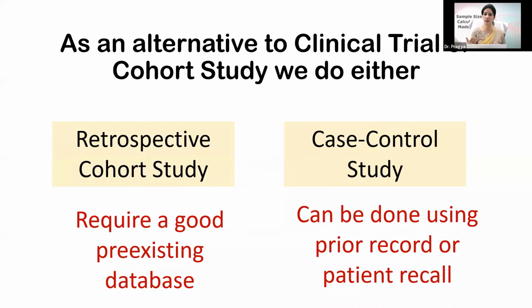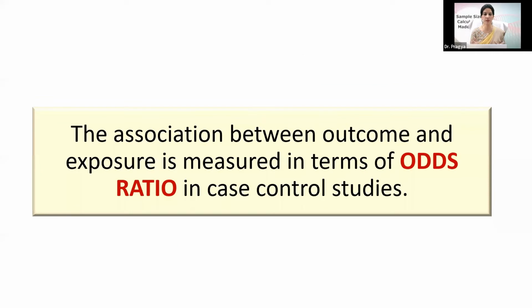You must have seen in your institution, whether it is a digital record or a hard copy paper-based record, that there will be many records which are not complete. So again, that is a limitation, but within that limitation there are many methods by which you can reduce these biases. Now, the measure of association in a case control study is the odds ratio.